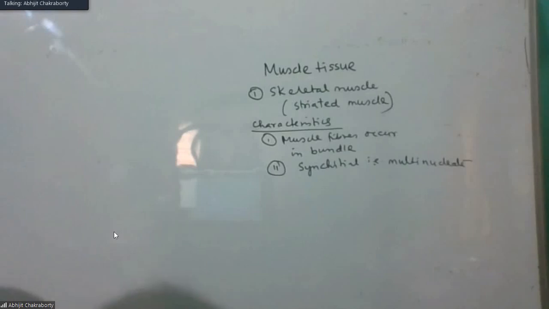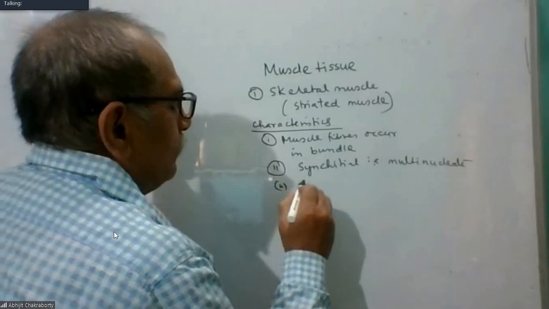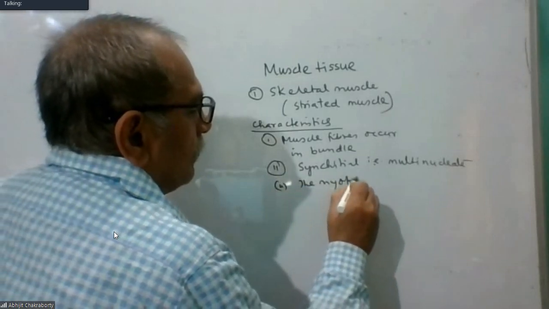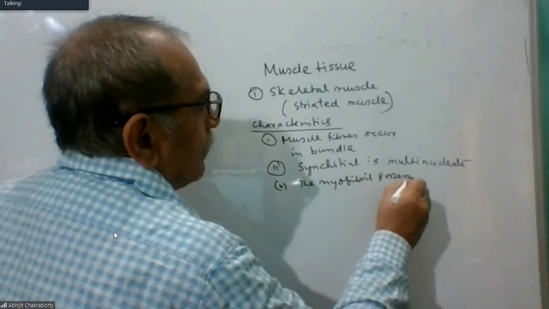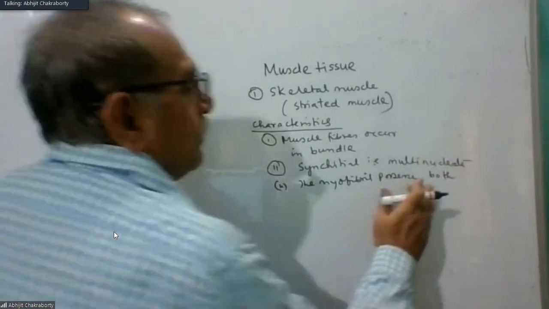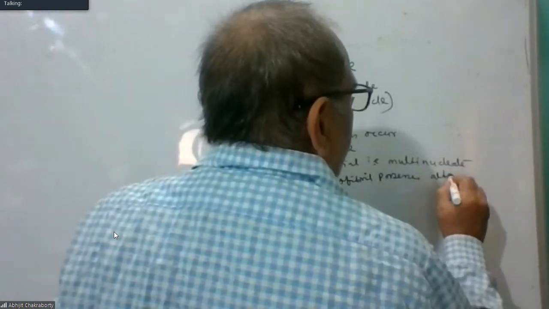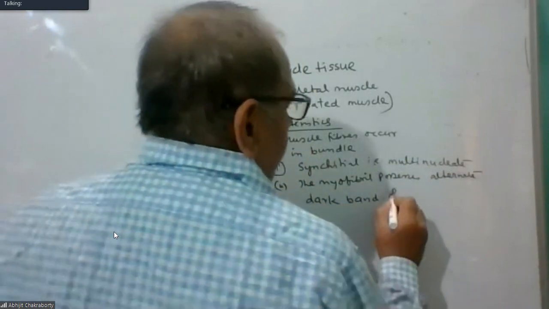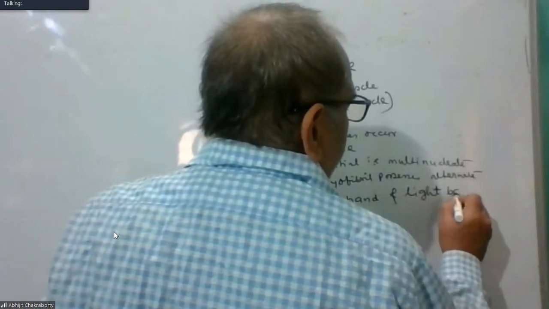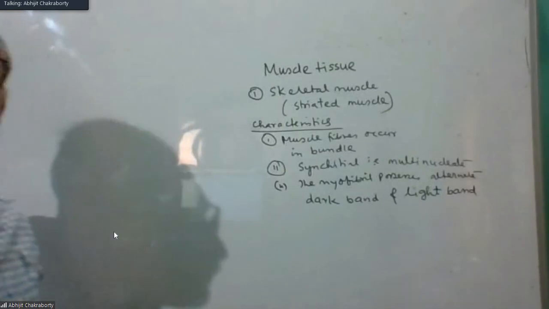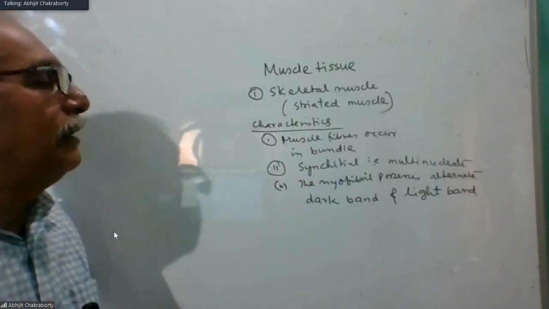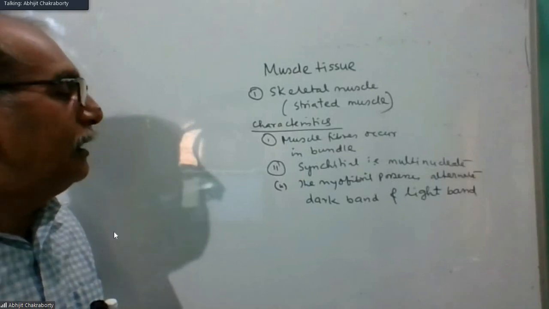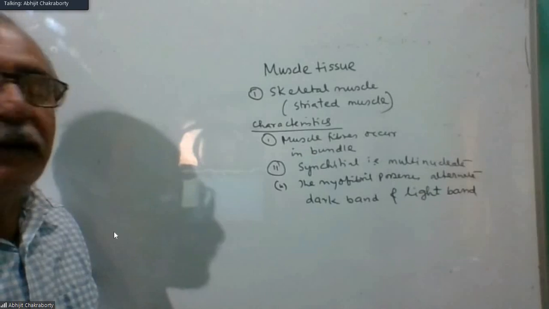Syncytial, that is multinucleate, and the myofibrils occur in bundles. The myofibril possesses alternate dark bands and light bands, and that's why striation is developed.